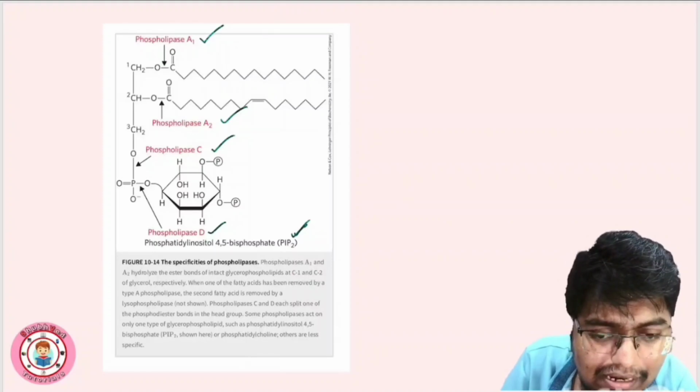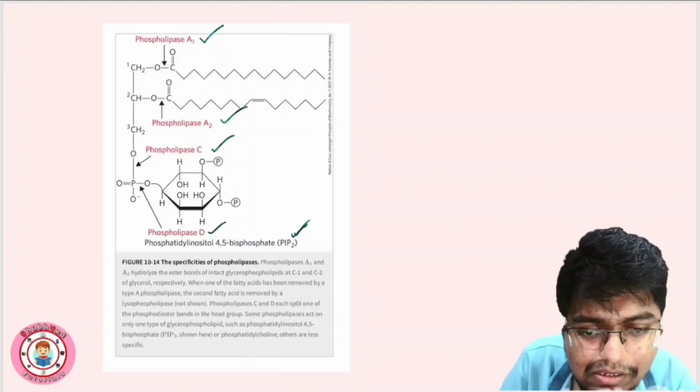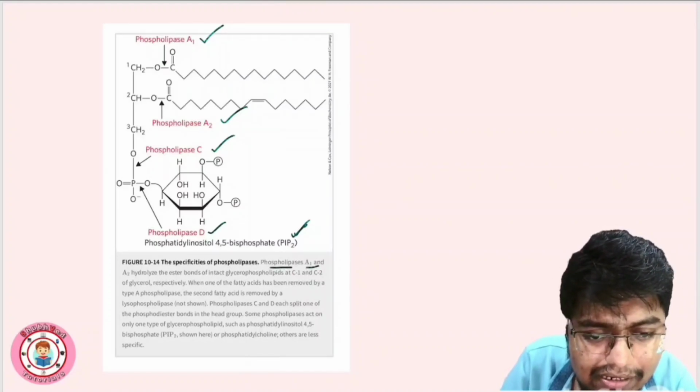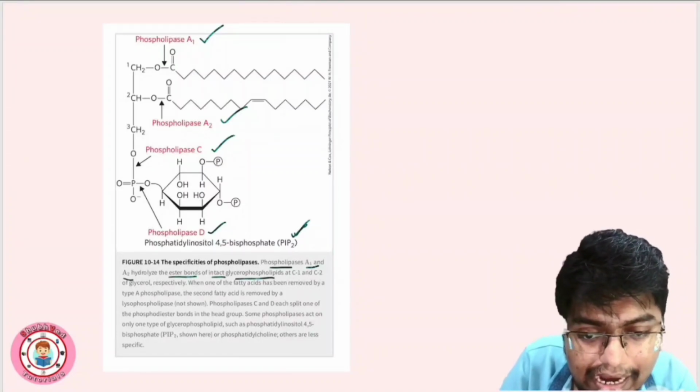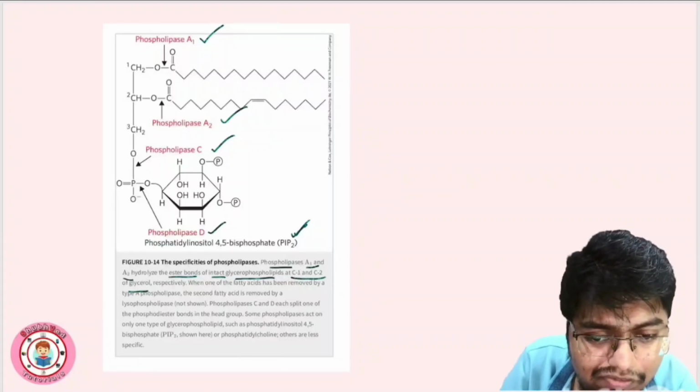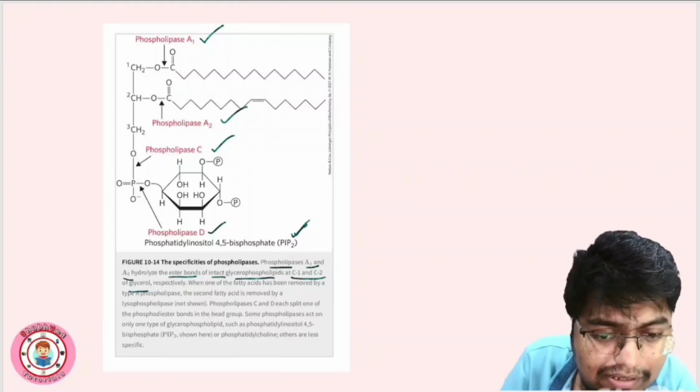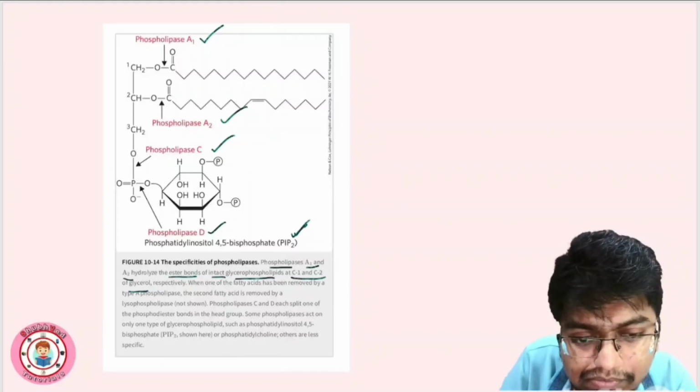It has a role in signaling. So phospholipase A1 and A2 hydrolyze the ester bond of intact glycerophospholipid at C1 and C2 of glycerol, right? Phospholipase A1 and A2 hydrolyze the ester bond at C1 and C2.